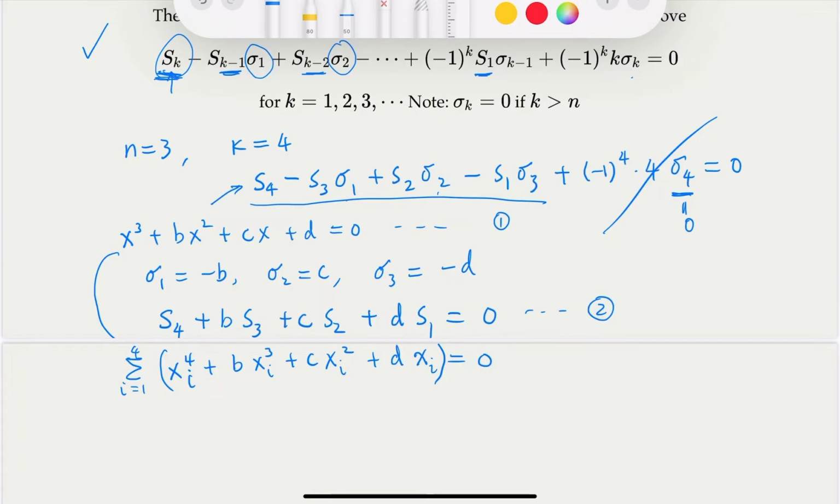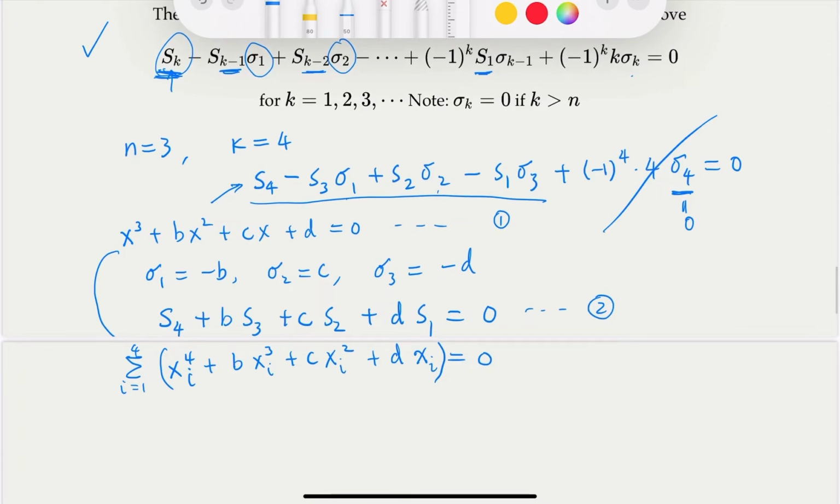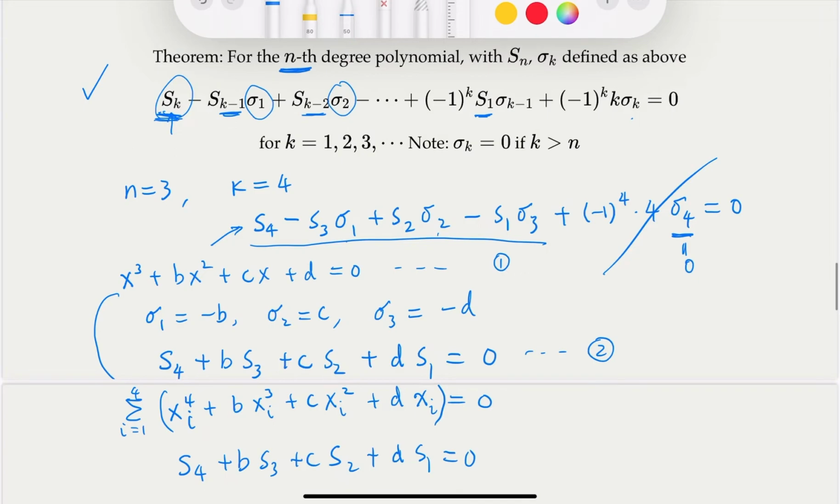And notice that by definition the sum over the roots of xi to the first power would be S1, and xi to the fourth power gives S4. So you get S4 plus b S3 plus c S2 plus d S1 equals 0. This is exactly what we have. But for k smaller than 3, we're not going to prove this equation. Let's take it as a fact.